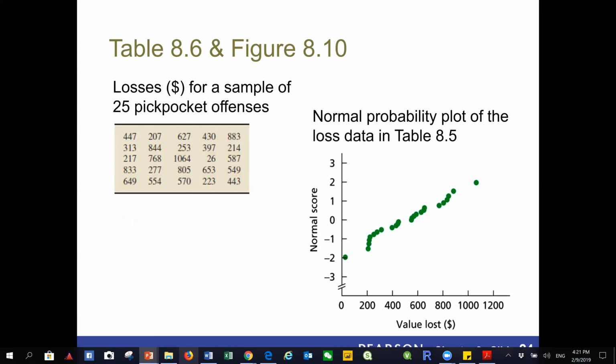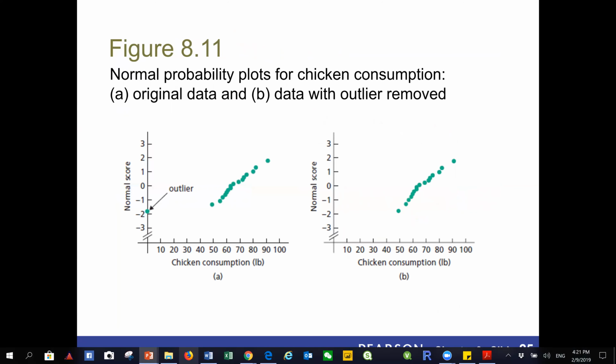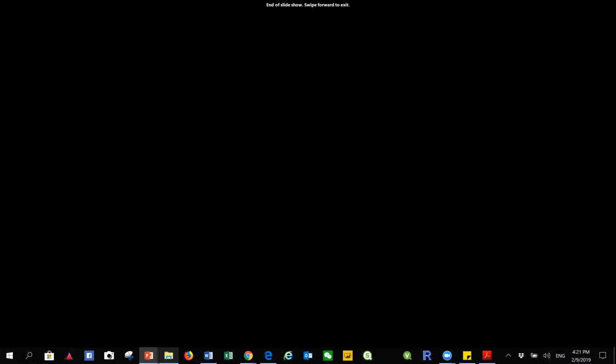Otherwise, the normality assumption is violated, because the underlying assumption for T is that its population is normal. Otherwise, your sample size should be large. Here you see a little bit of violation of the normality. Some points may be removed to make it fit the normal distribution better.